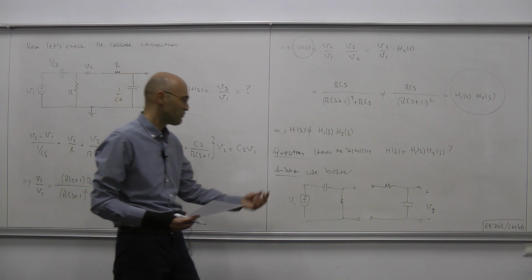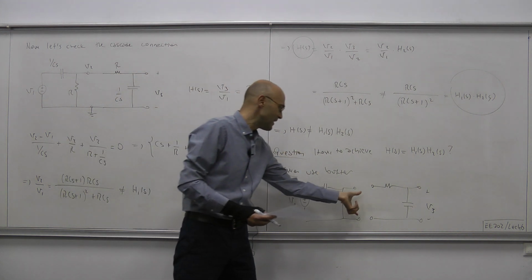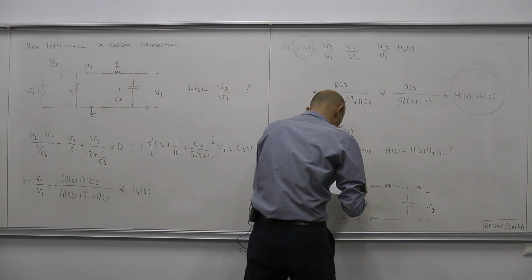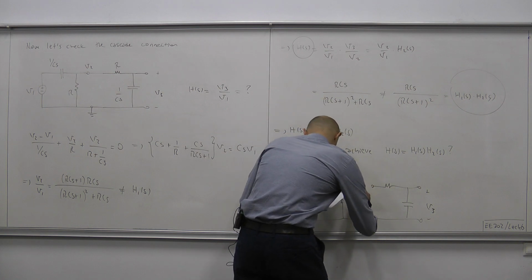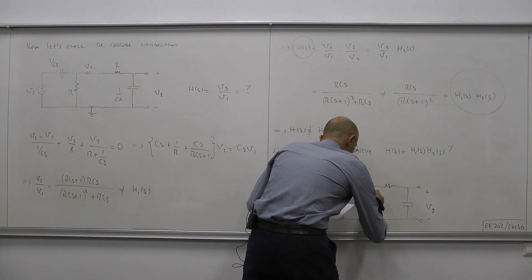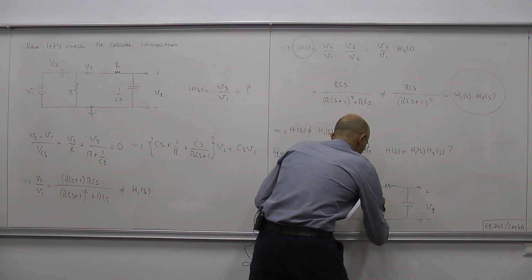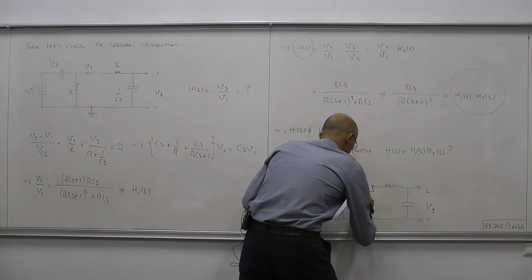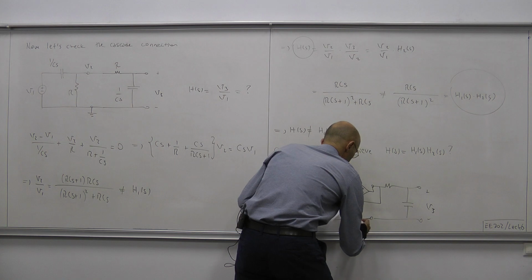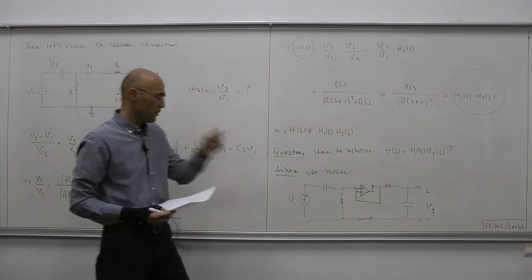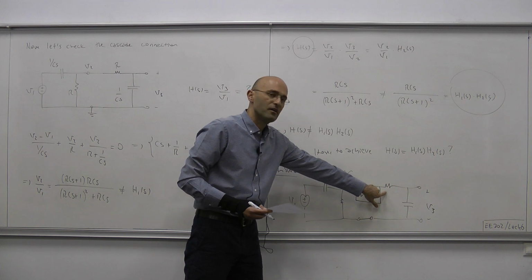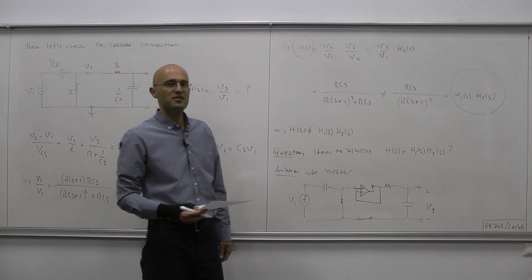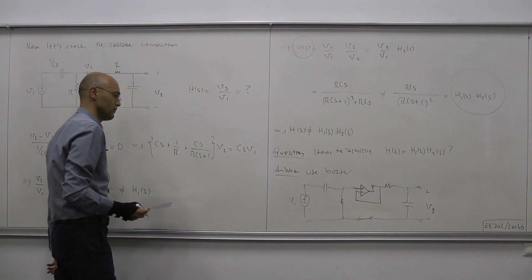So that means the first filter should still feel that its second port is open circuited, and that can be achieved by inserting the following buffer, an op-amp, and then here you short circuit. Okay, so thanks to this buffer, this voltage will appear here, but since there is no current escaping into the op-amp, the first filter will still feel as if its second port is open circuited.